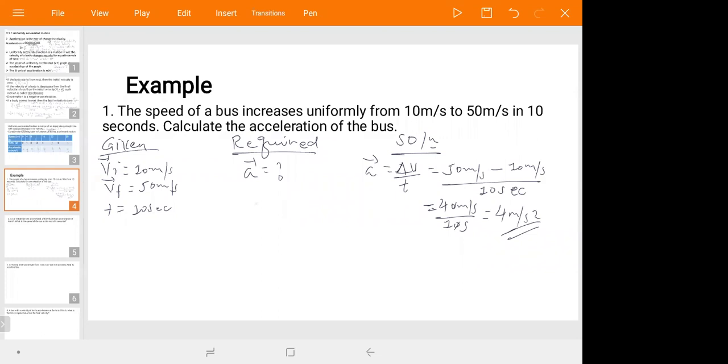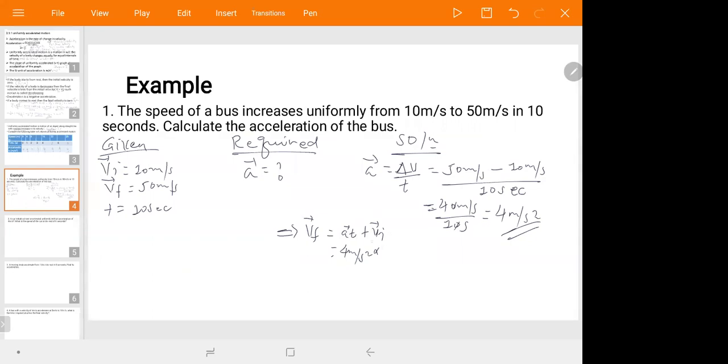You can check from this one for final velocity. Final velocity is equal to acceleration times time plus initial velocity, okay? What was your acceleration? 4 meters per second square times your time.